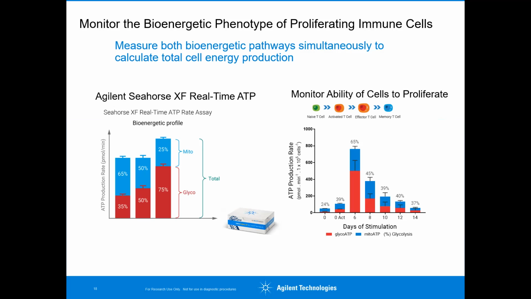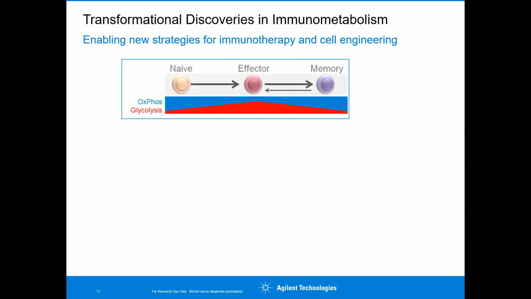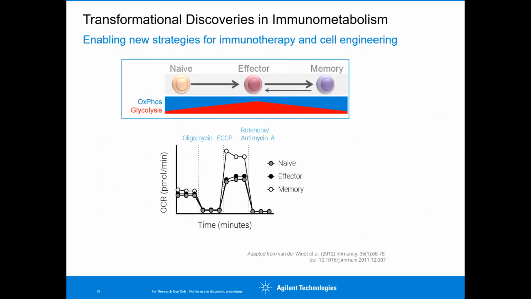And in addition to looking at the ratio of OXPHOS to glycolysis at basal condition, you can take the next step and use the Cell Mito Stress Test to look at a variety of other parameters focused on mitochondrial function.